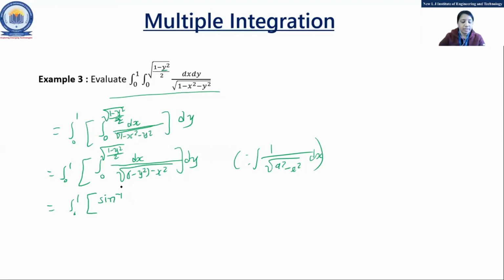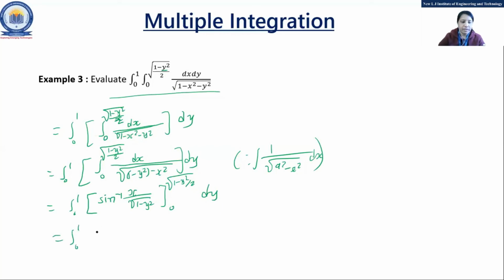Yes, it is sine inverse of x upon under root 1 minus y square, the whole limit 0 to under root 1 minus y square by 2, dy. Fine. Now solve this. Just put the upper limit and lower limit.